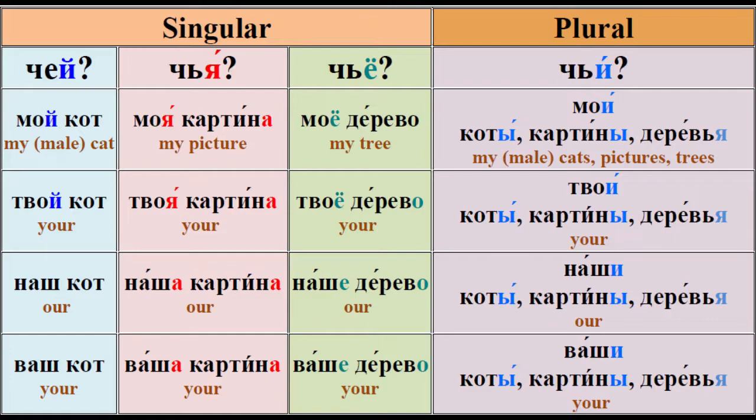If the noun is neuter and you want to say my, it will sound like моё. For example, моё дерево. And the plural form for my will sound like мои.